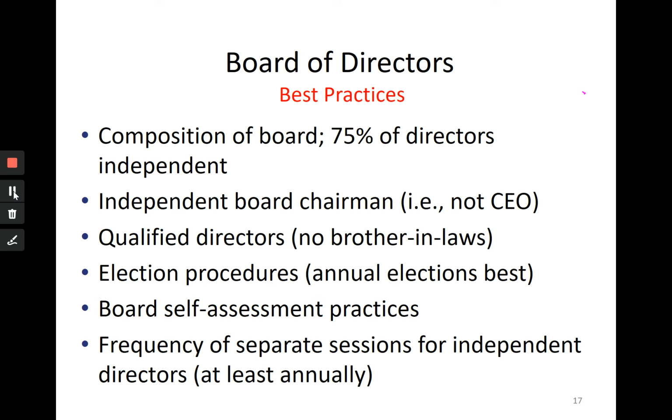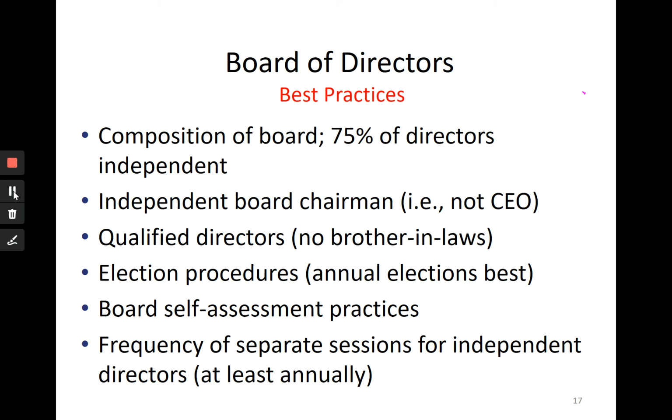One can also look at election procedures, and one factor is how often elections are taking place. Election once a year for board members is preferred. Once every other year is the second best.